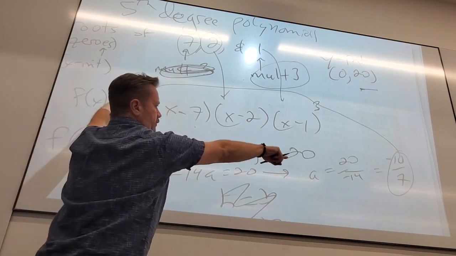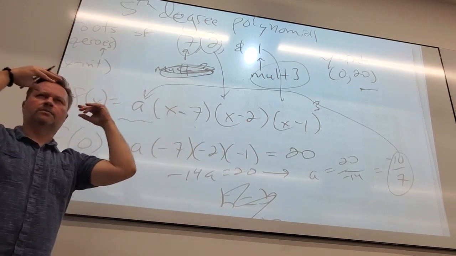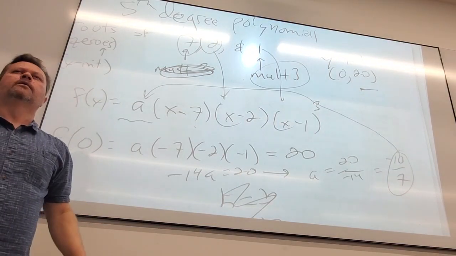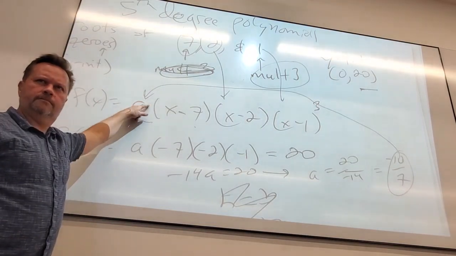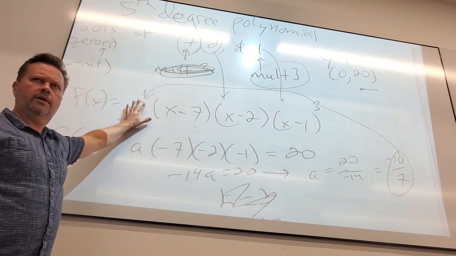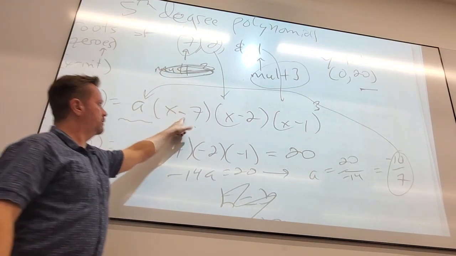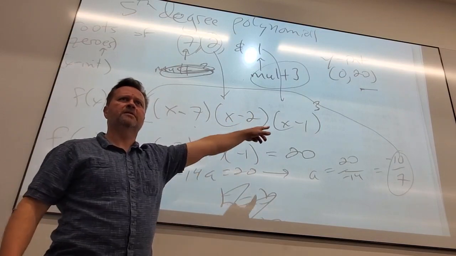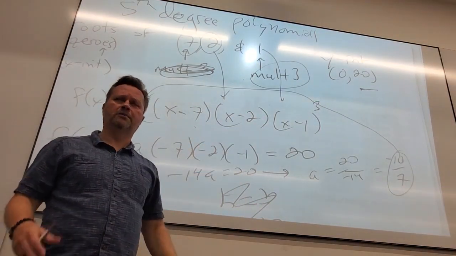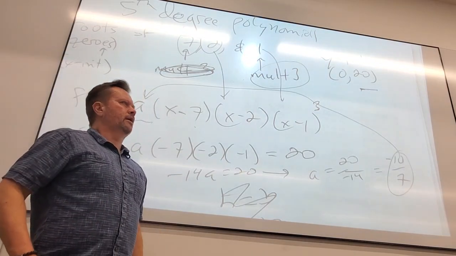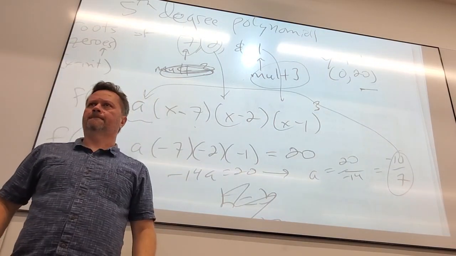I'll still get 20 over -14, but that's more of a way to do it in your head. I think the book has some examples that do it this way, where they put a number here. Are you guys with me? Is everybody cool with where these came from? Okay. That's the most important part, really. The rest is just a little extra calculation step.